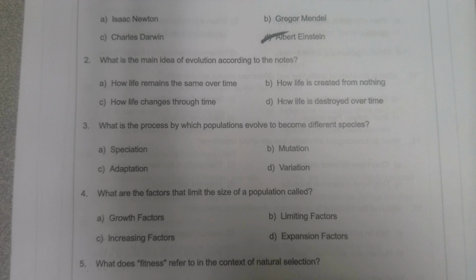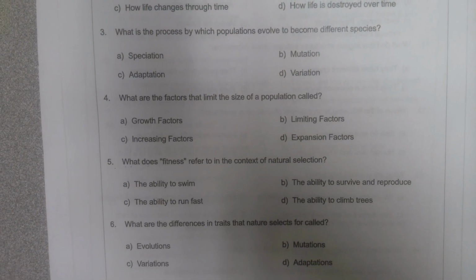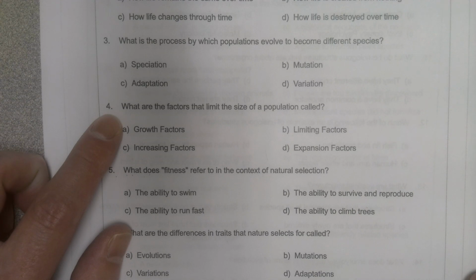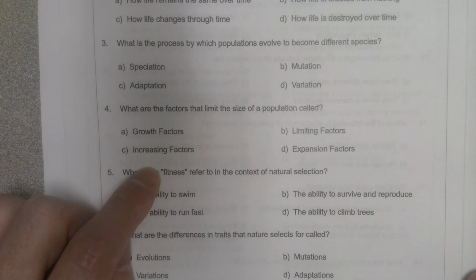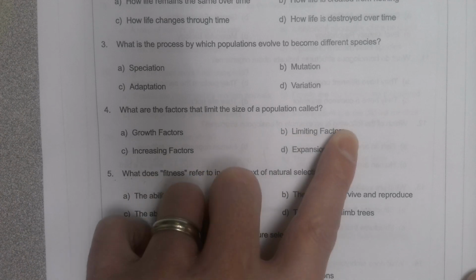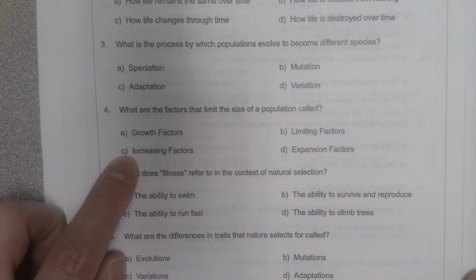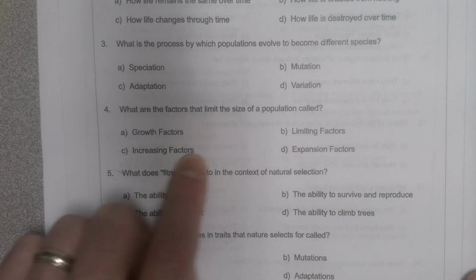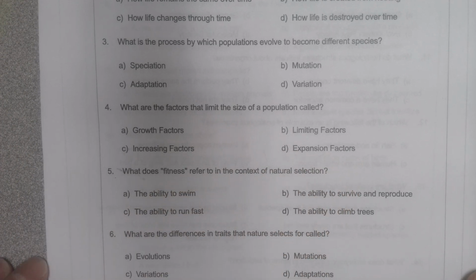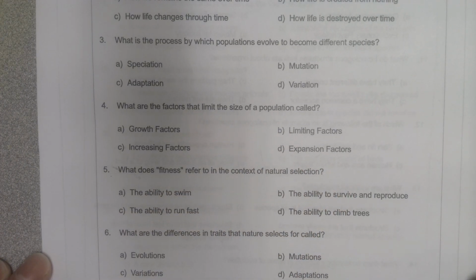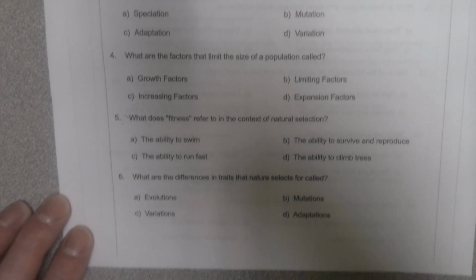Question number four. What are the factors that limit the size of a population? A, growth factors. B, limiting factors. C, increasing factors. Or D, expansion factors. Question number five.